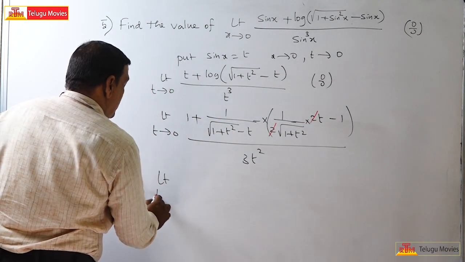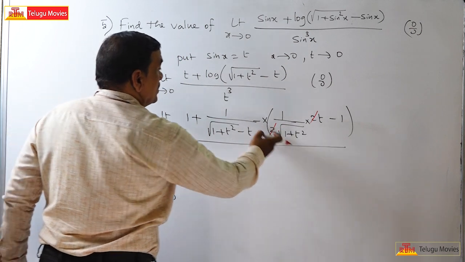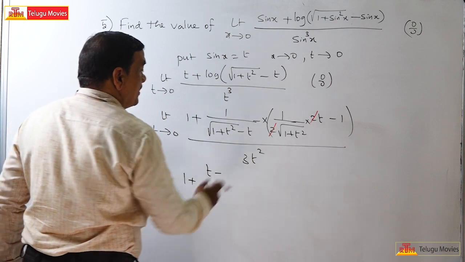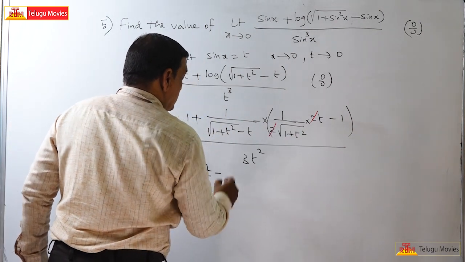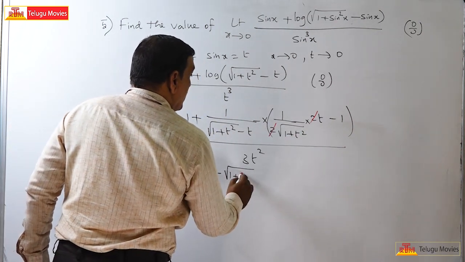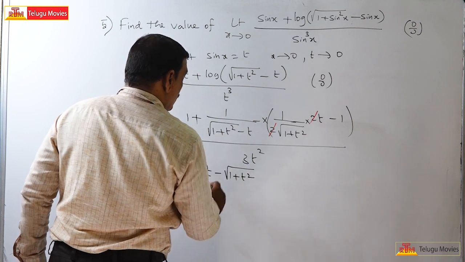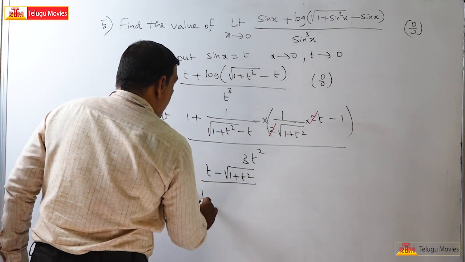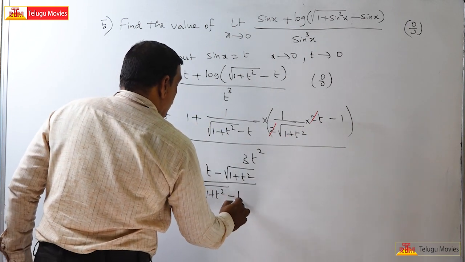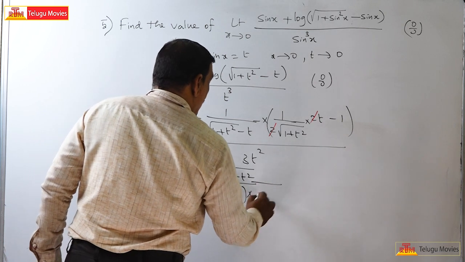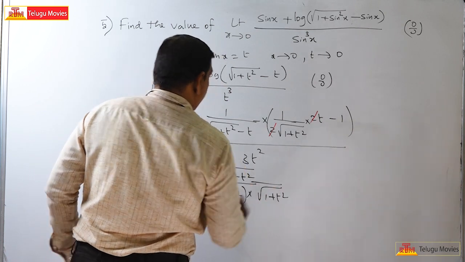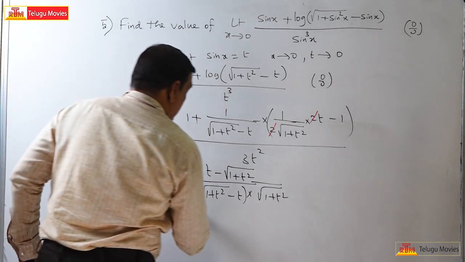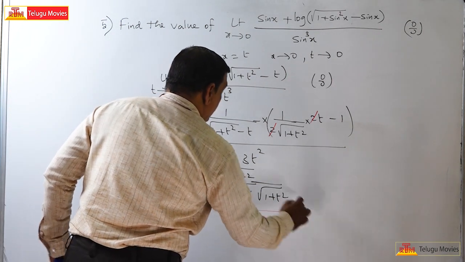So, limit t tends to 0, if you do the cross multiplication here, it becomes t minus root of 1 plus t square, t minus root of 1 plus t square, so this is already there, 1 plus t square minus t already there, into root of 1 plus t square. Understand? So, any more cancellations? By 3t square is there. So, by 3t square.